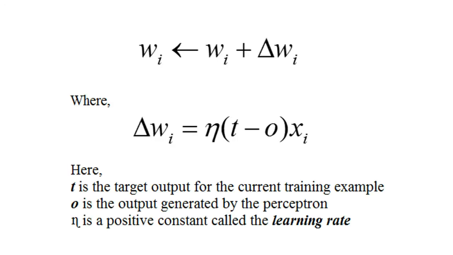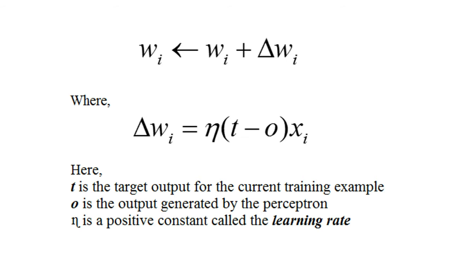Wi is equal to Wi plus delta Wi, where delta Wi is equal to eta times (T minus O) times Xi.